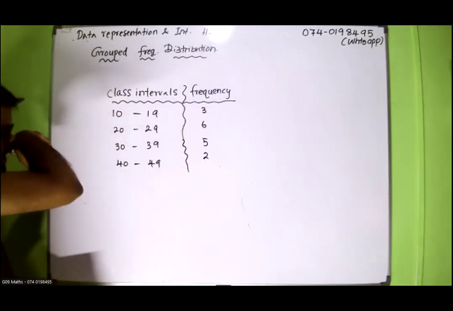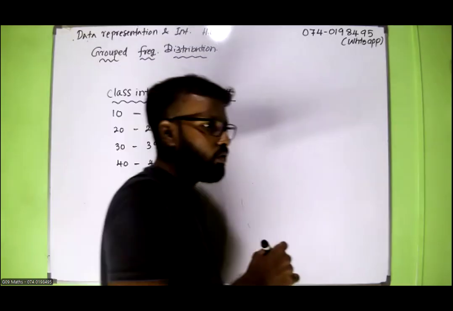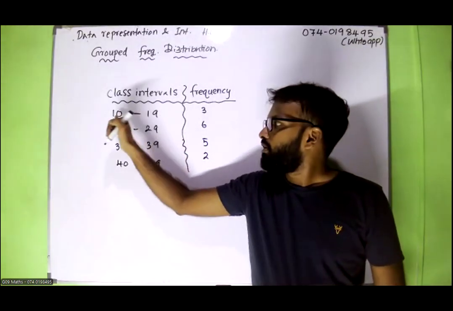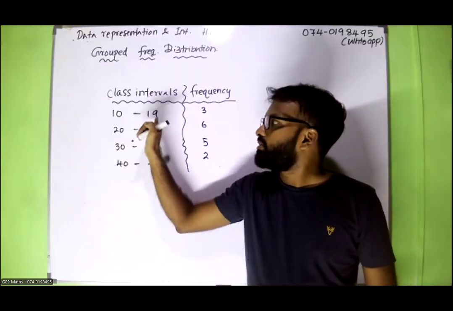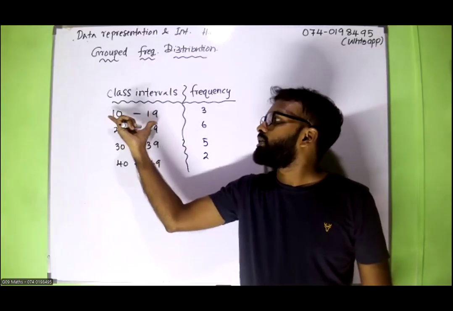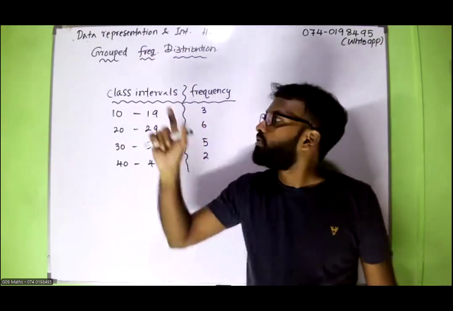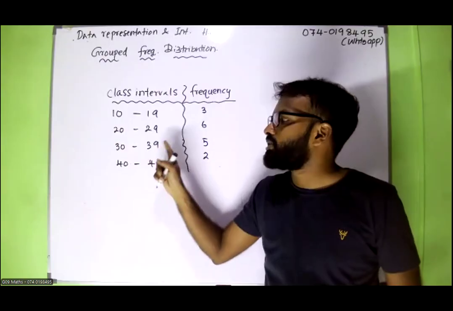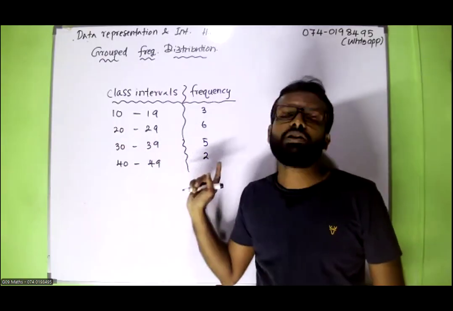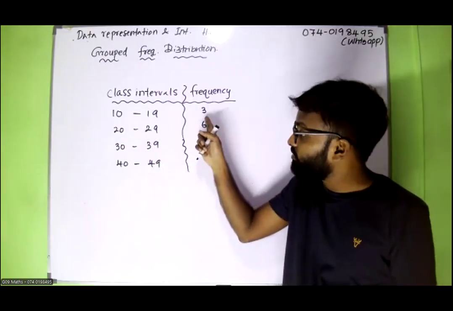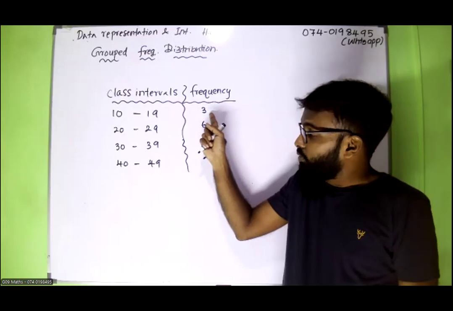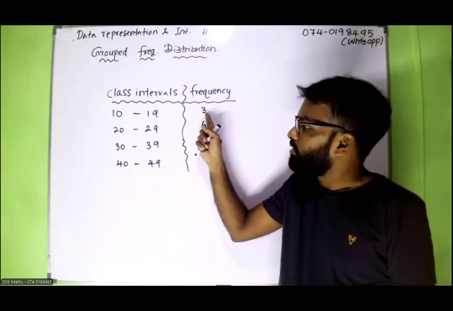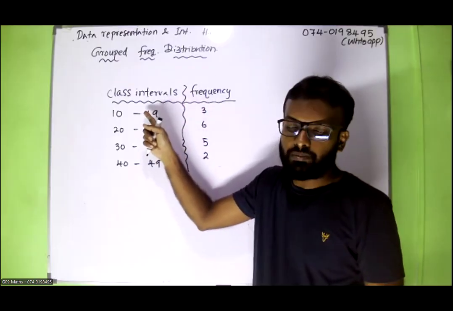This is the first class interval, 10 to 19. This one is also a class interval, and this one, and this one. The frequency 3 is related to this class interval.